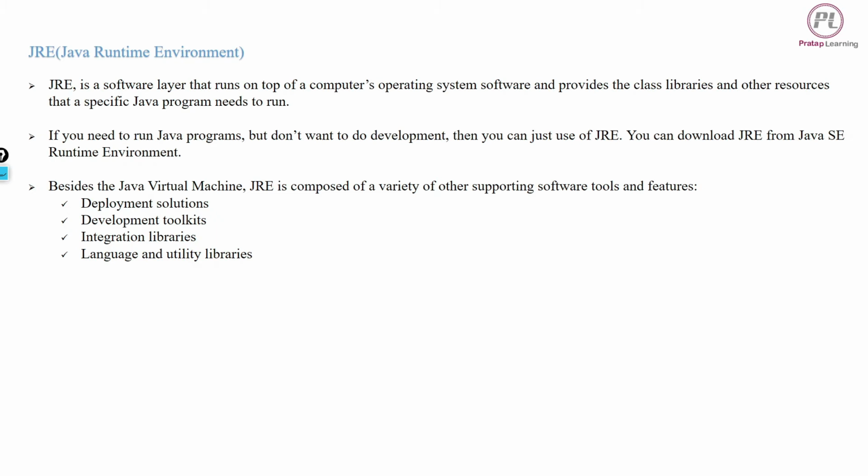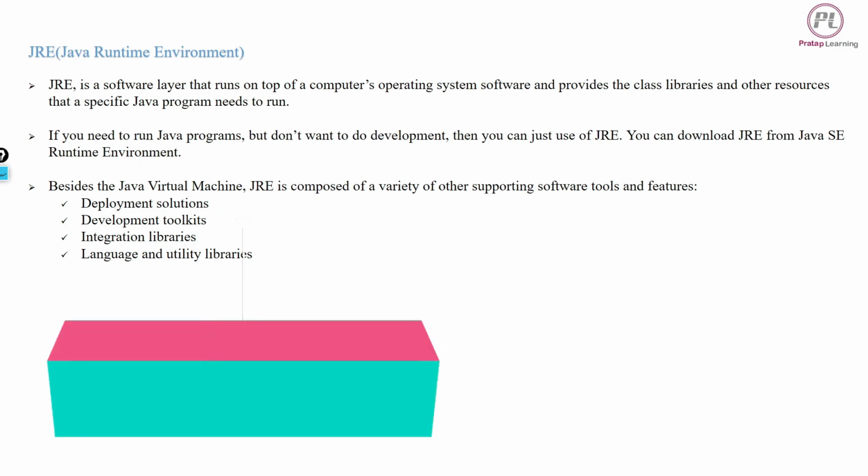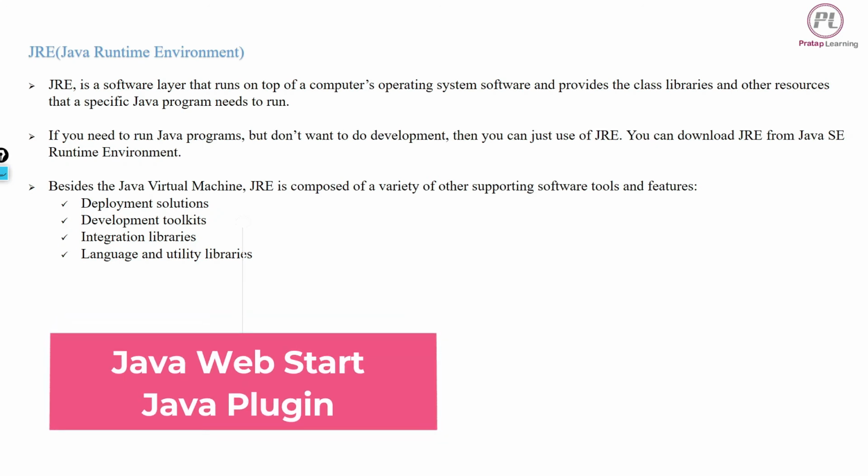If you don't need a development environment and you just want to deploy your application, then you can use only JRE. Other than JVM, JRE contains a variety of other supporting features like deployment solutions. In deployment solutions, we get support of Java Web Start and Java plugins.